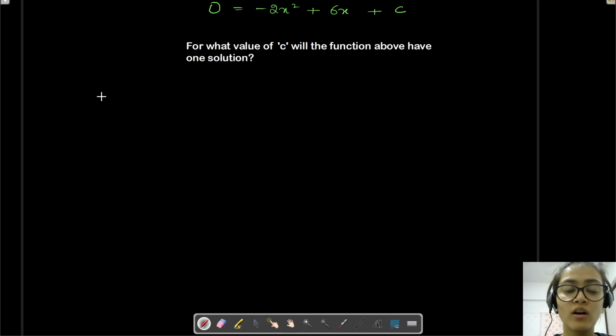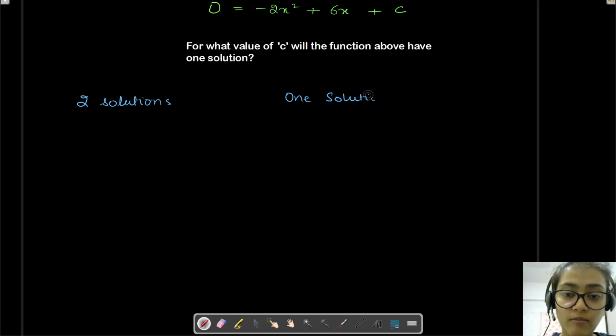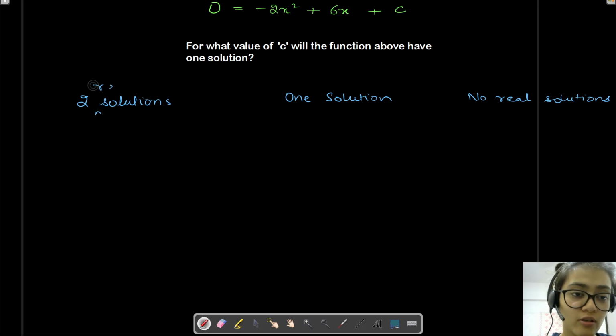A quadratic equation can have two real solutions, or it can have one real solution, which actually means two real solutions that are repeated, so we call it one real solution.